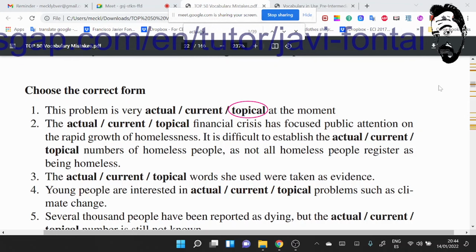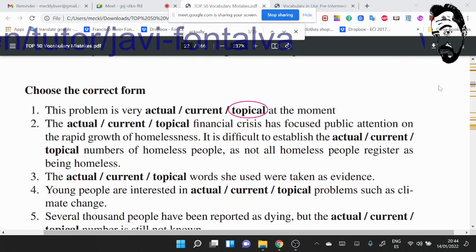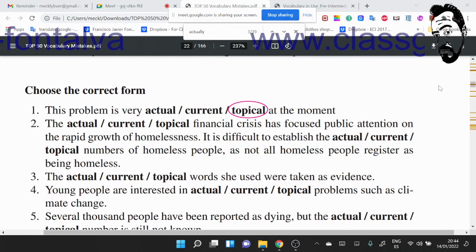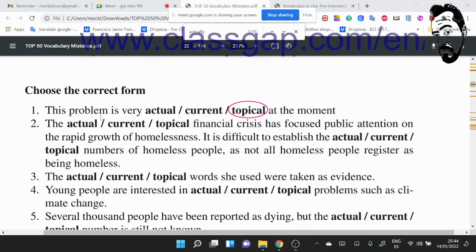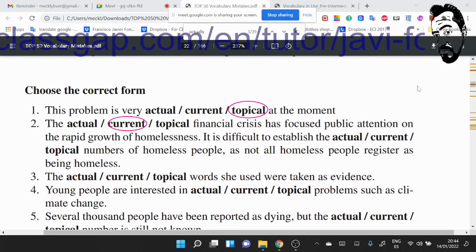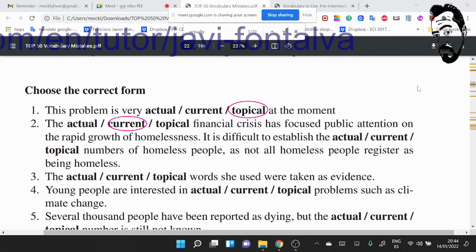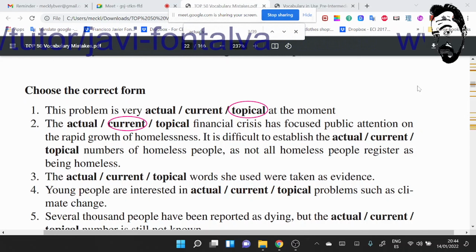Okay. Number 2. The current financial crisis has focused public attention on the rapid growth of homelessness.